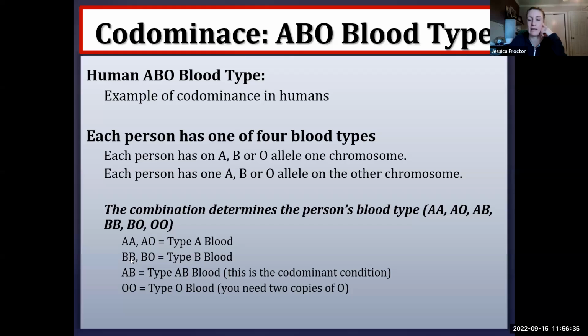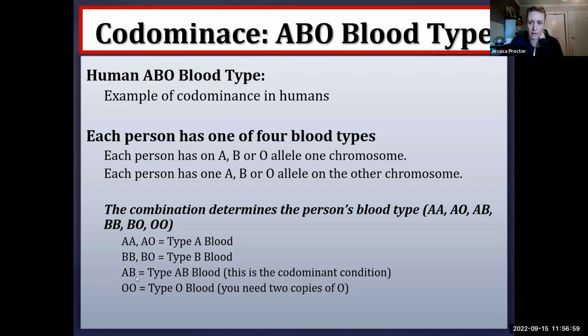Same deal for blood type B. You can inherit a B allele from both mom and dad, or you could inherit a B dominant allele from one parent and an O recessive allele from the other. But either way, whether you're BB or BO, that will ultimately result in blood type B. The codominant condition would be if you inherit an A allele from one parent and a B allele from the other.